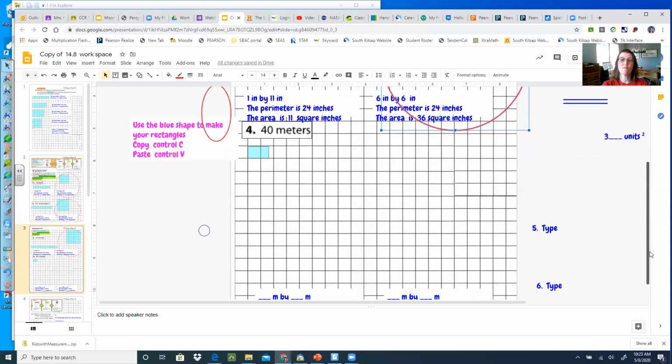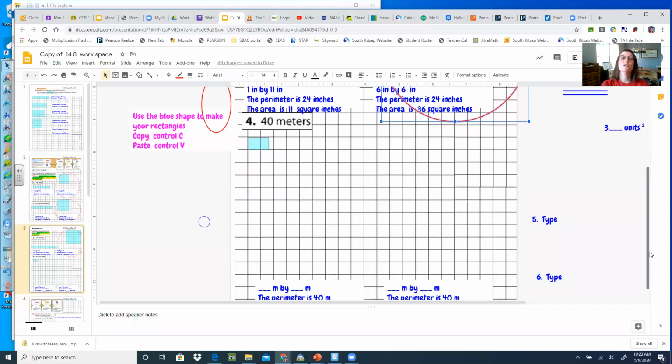Okay, now 40 meters. I don't know that I have enough room for a super long skinny, but maybe I can do a 2 by. Ooh, well, let's see. Let's see if I can do a super long skinny. So I would need it to be 1 by 19.